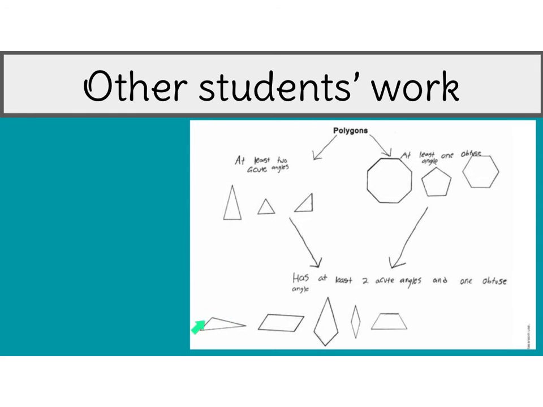Not sure about this one. Those 2 look like acute. This one looks like it might be obtuse. That one's a little tricky there. So again, testing each one of those to make sure that they have 2 acute, 1 obtuse, and do they fit in that category? Overall, from looking at that and not examining every single shape, for the most part, it looks pretty good.